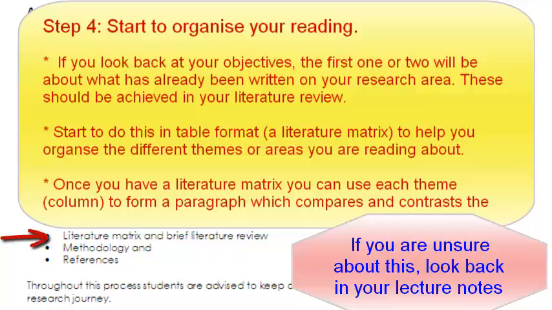Each column in a literature matrix is a different theme or topic that the authors comment on. When you write your literature review, each column in the matrix becomes a paragraph in your literature review. By the end of your literature review, you will have an organised summary of the issues you need to address in the rest of your work.